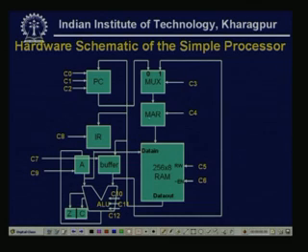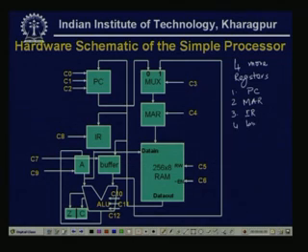So, these 4 more registers are also there, in addition to A and F. The 4 more registers are PC, program counter, memory address register MAR, instruction register IR and a buffer. These registers are transparent to a programmer.